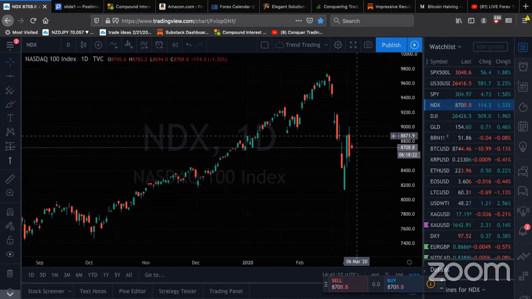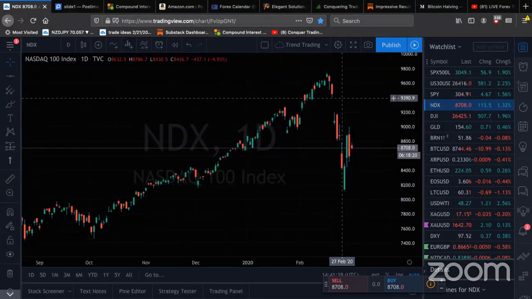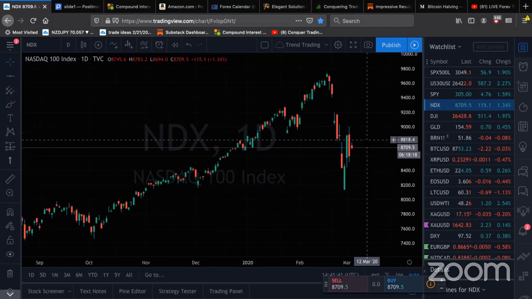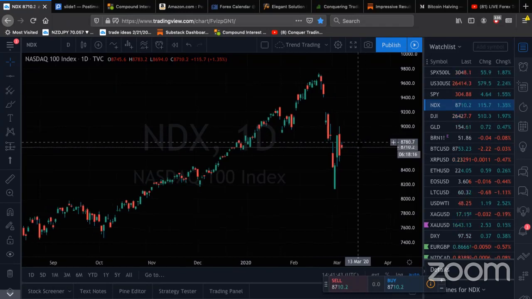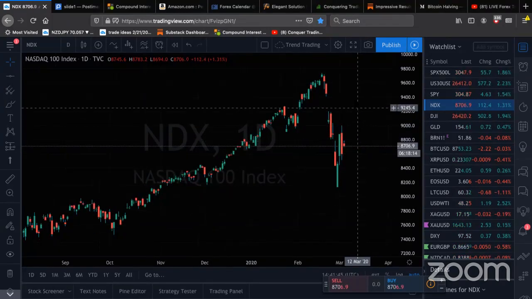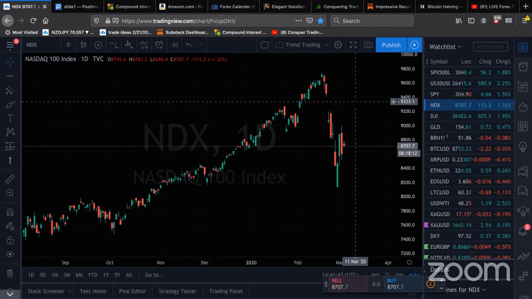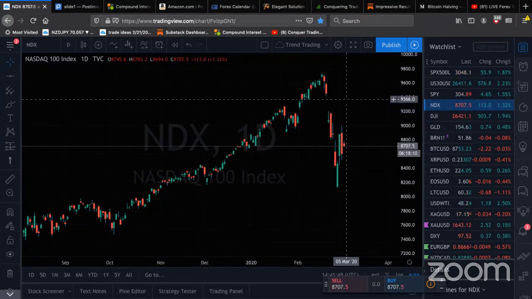It's a little difficult with this type of volatility to find out what's going on. The only thing I can say is it becomes attractive to sell any rally the higher we get. We have to come all the way up on the Nasdaq here, I would say towards 9300, 9400, before it looks like I'd want to sell that rally.